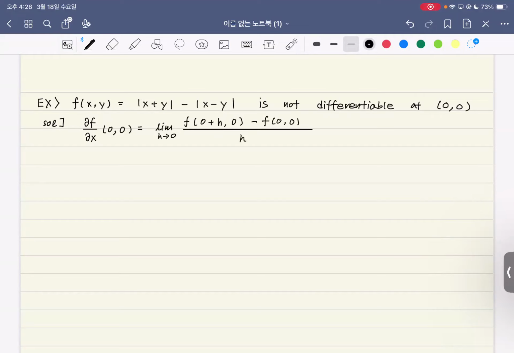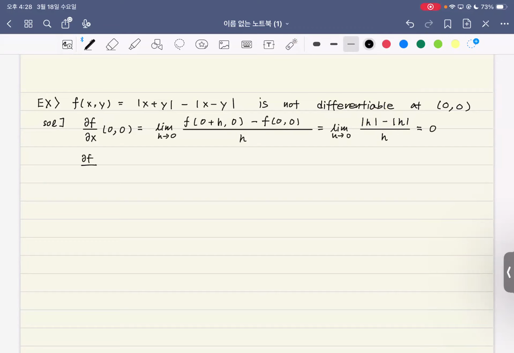This is the partial derivative with respect to x. I'm just using the definition, right? And f(0, 0) is obviously 0. As h is tending to 0, this is h minus the absolute value of h, over h. And therefore, obviously the numerator equals 0. So the limit exists and the limit equals 0, right?